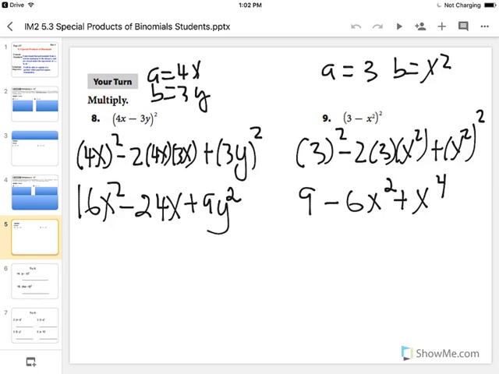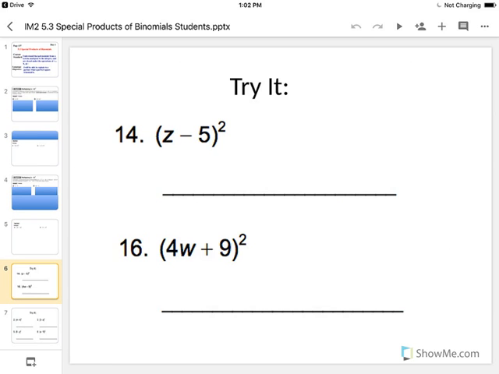Then write this in standard form. Here are some more to try.